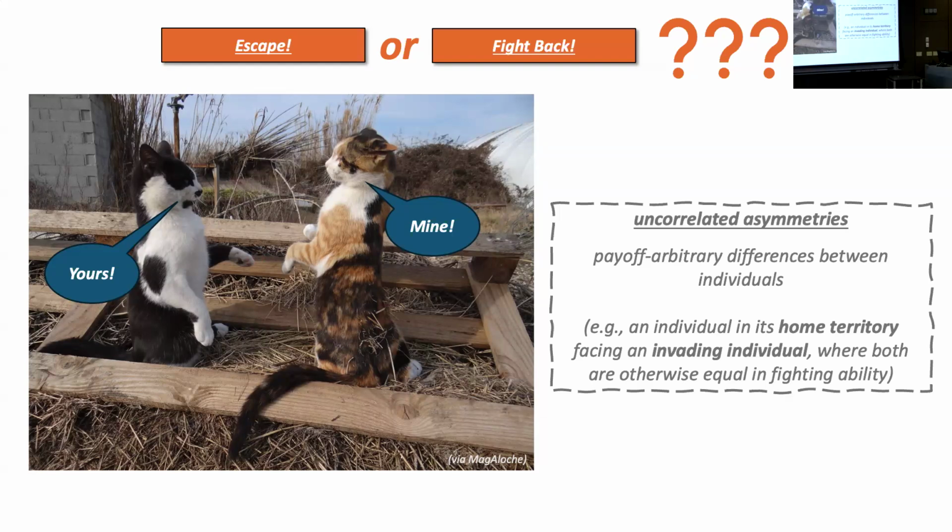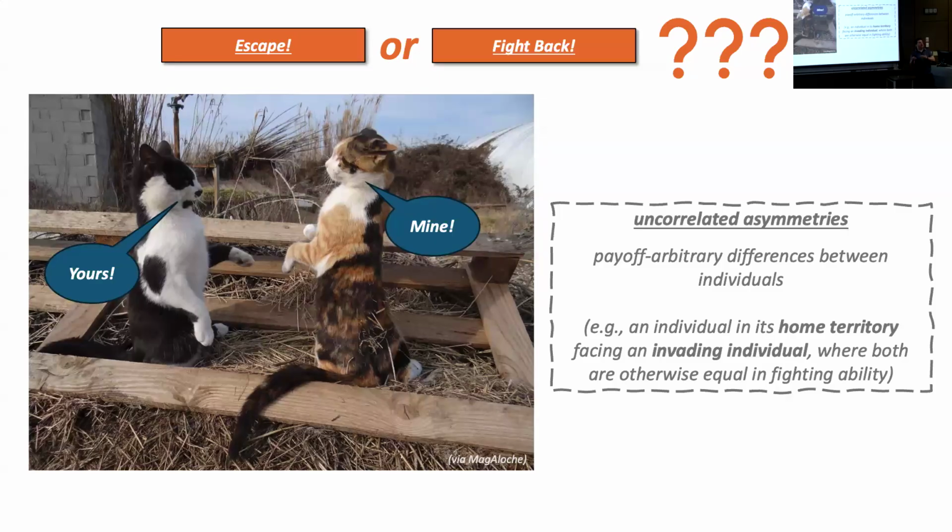For example, if this animal is moving into this range where this animal is already on, then there is an asymmetry there, that this is this animal's home range and not this animal's range. So that uncorrelated asymmetry breaks the symmetry between them, where the one that's on the home range will be more likely to win the fight than the one that is coming in.